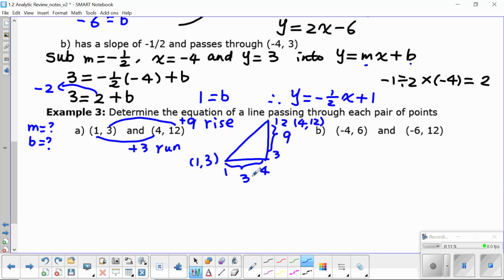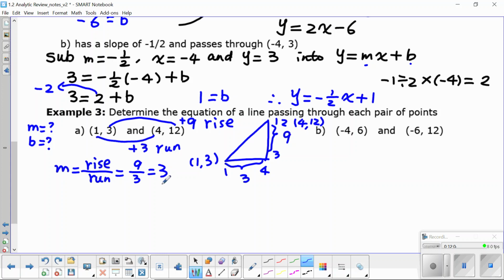So this is how you find the point. So then the slope is rise over run. Remember, always the y difference first. So it's 9 over 3, which gives you 3.